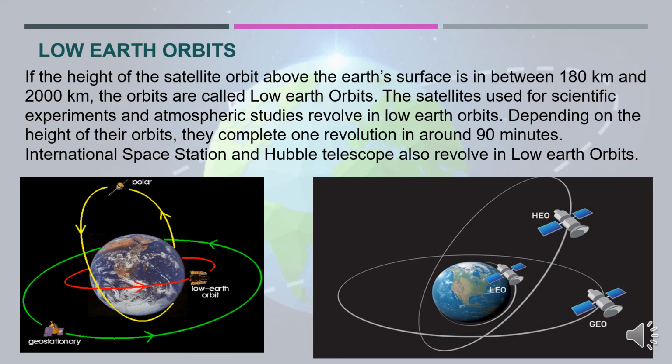So for our atmospheric study or for conducting any scientific experiment, low Earth orbit is used. The satellites are sent in these low Earth orbits. Depending on the height of the orbit, they complete one revolution in around 90 minutes. So it is very fast. International Space Station and Hubble telescope also revolve in low Earth orbit.